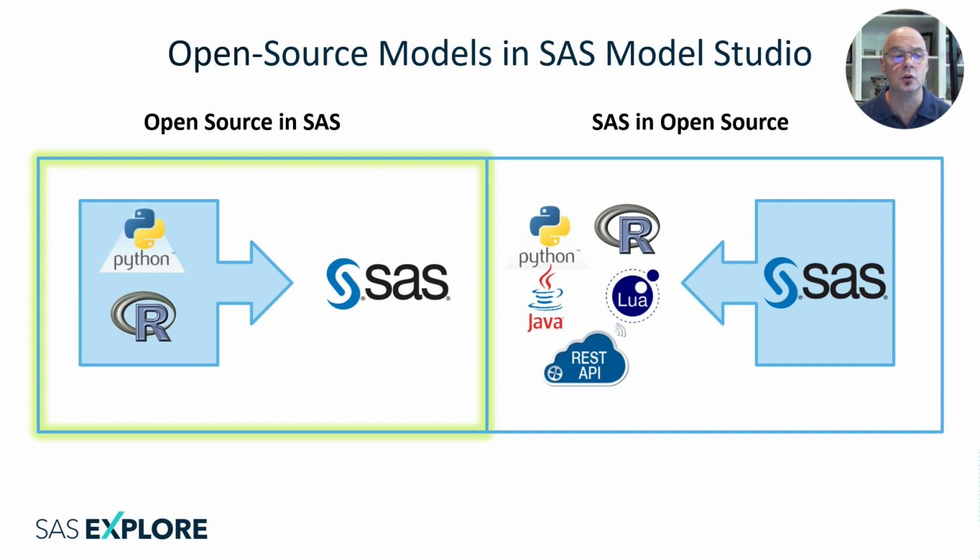In our demonstration, we'll just build a Python model. By the way, we do offer advanced training on all of these. So if you are a typical open source user and you want to see how to call or make use of SAS programs within the open source world, although it's not covered in this workshop, we do offer training on it.